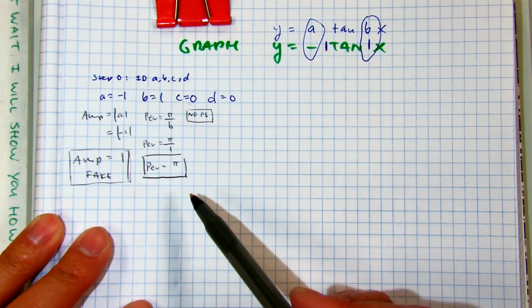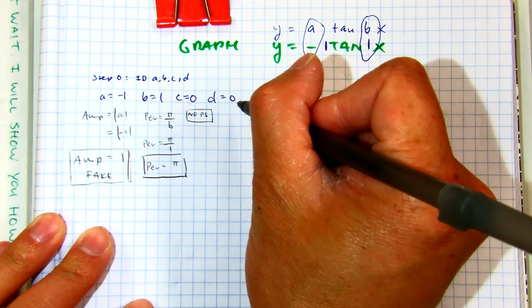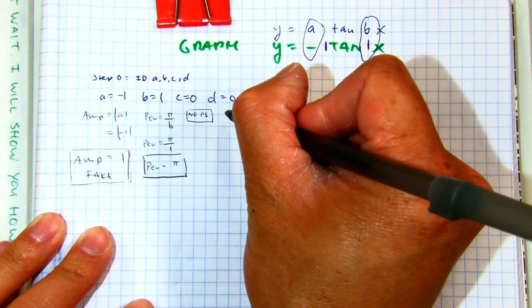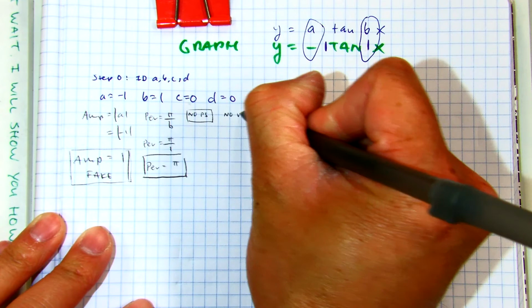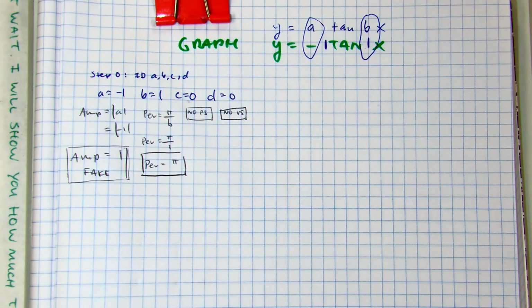Does that make sense? Class, your D value is what? None. So what does that tell us? No vertical shift, right? Partner B, tell partner A, what's step 1?